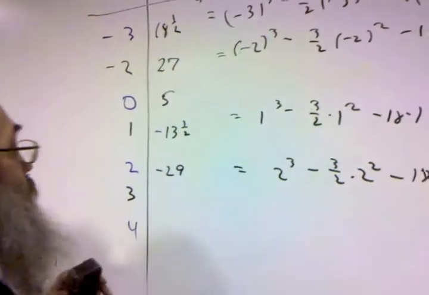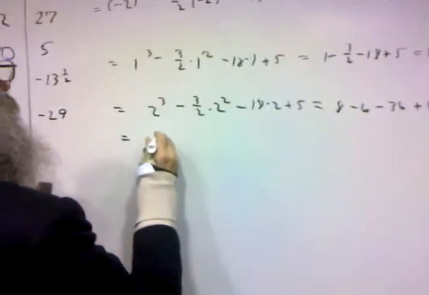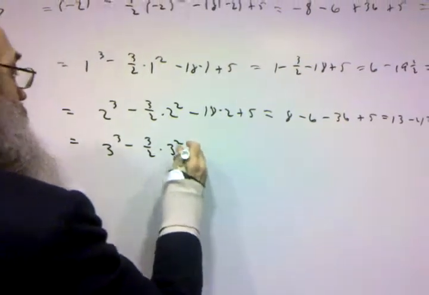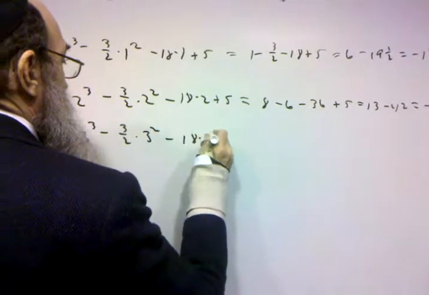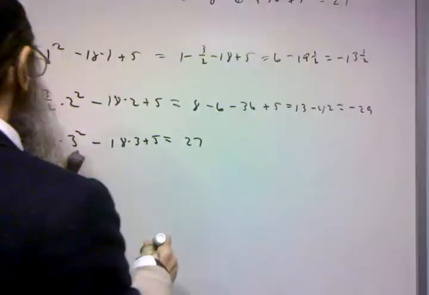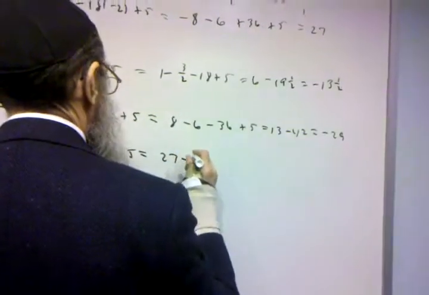I'll put in 3 for x. So I get 3 cubed minus 3 halves times 3 squared minus 18 times 3 plus 5. 3 cubed is 27. Minus 3 halves times 9 is minus 27 halves.